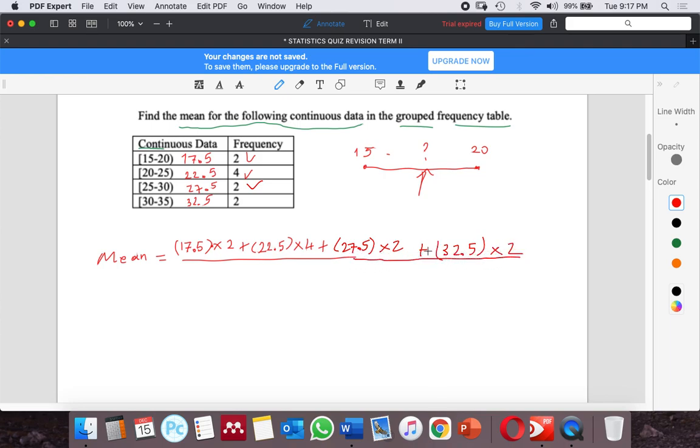So this is divided by the sum of the frequencies, which is 2 plus 4 plus 2 plus 2.